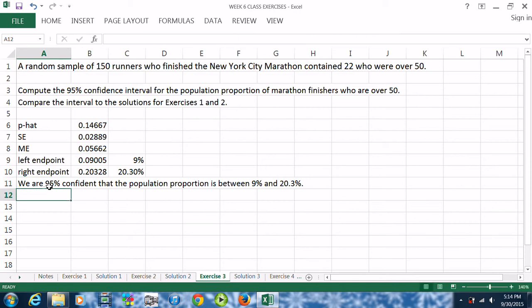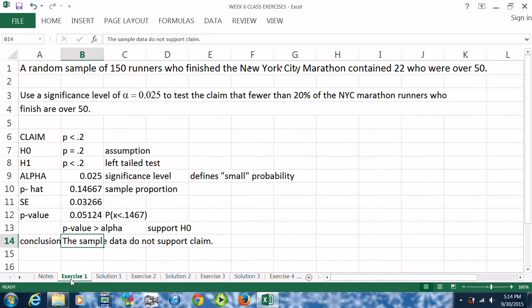So you're probably wondering, why didn't we just use the confidence interval to establish those claims? It's because when we use the confidence interval, we're using our sample p hat when we do the standard error, rather than actually making an assumption and using that assumption for the standard error.